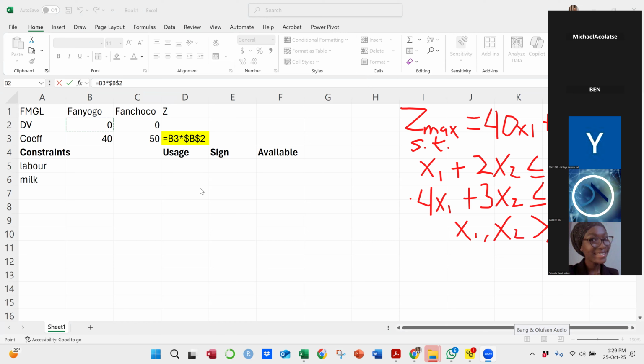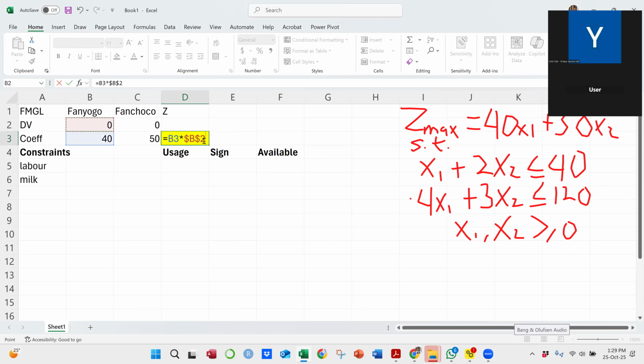Let's move on. After the symbol, your cursor should still be there. After the $B$2, the cursor should still be blinking, and then you press the plus sign. Now we are going to do the same thing for Find Choco.